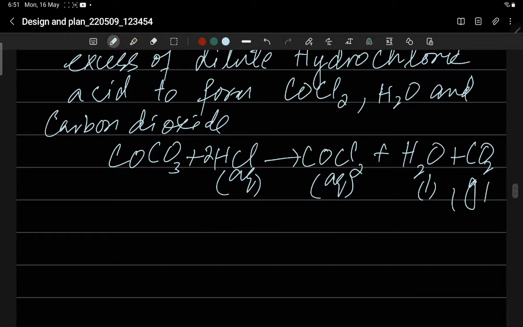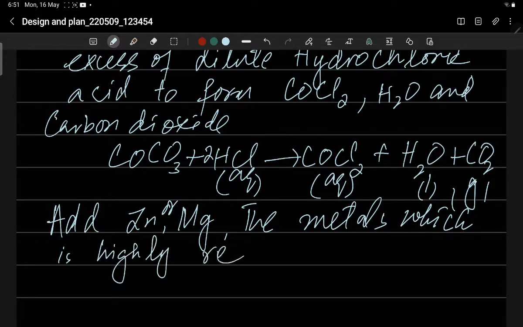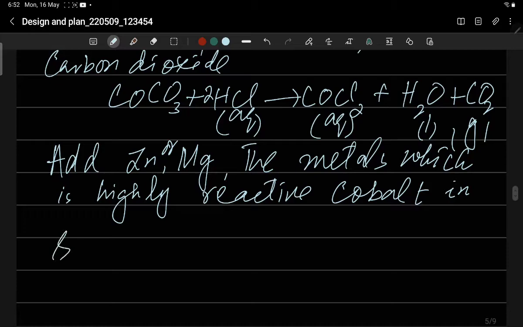Now add zinc or magnesium, the metal which is highly reactive, then cobalt in solution, in cobalt chloride aqueous solution.